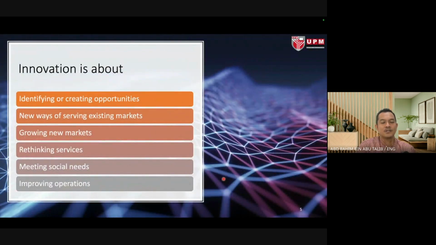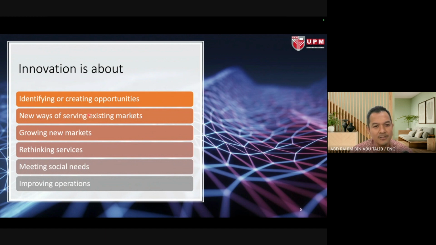All right. So quickly on innovation. Innovation is about identifying or creating opportunities. So when we can identify opportunities or create opportunities, that is what we say innovation. Innovation can also be defined as new ways of serving existing markets. Right, we will go through one by one later on.